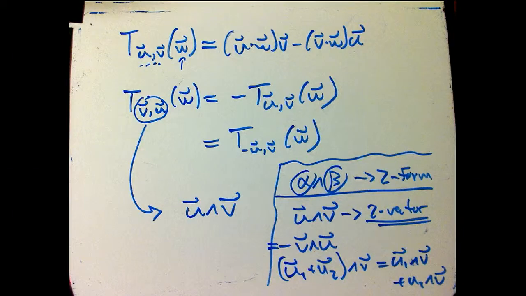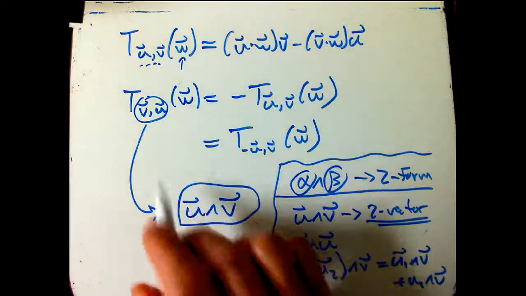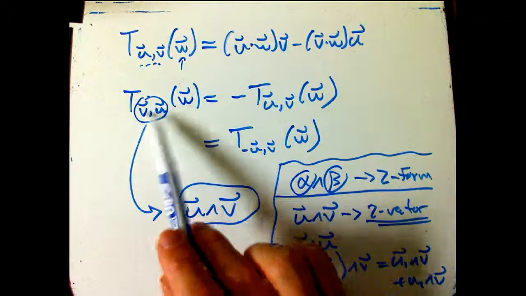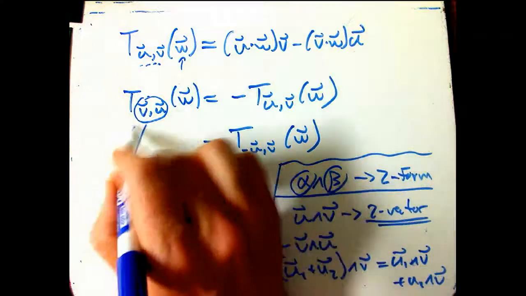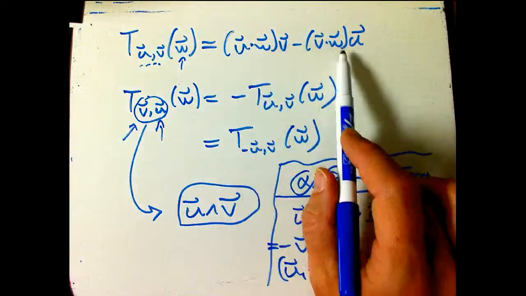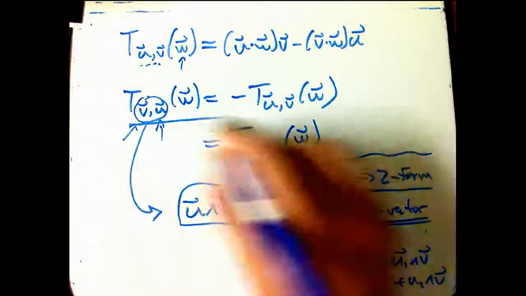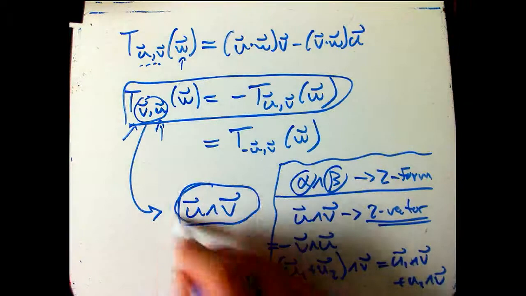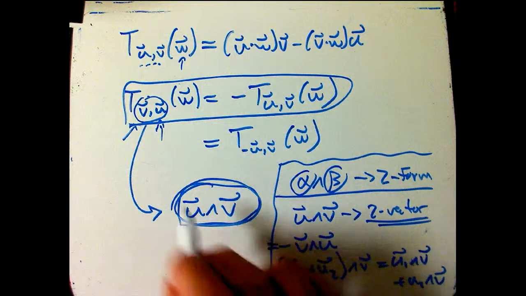So the upshot is that any time you have some function or any kind of machine that depends on 2 vectors and really that it's linear in both of these quantities, which this is definitely linear in the u and v as well as being linear in the w, and it flips sign when you change the order of the 2 things, a really good way to think about that is you really create the wedge product u wedge v first, and then it only depends on that.